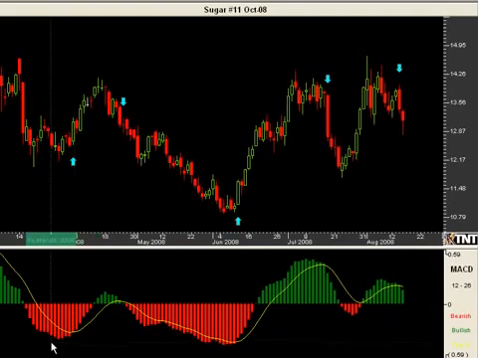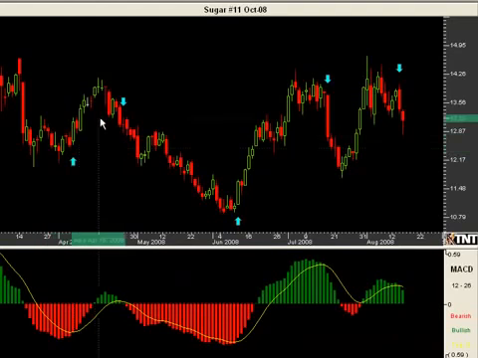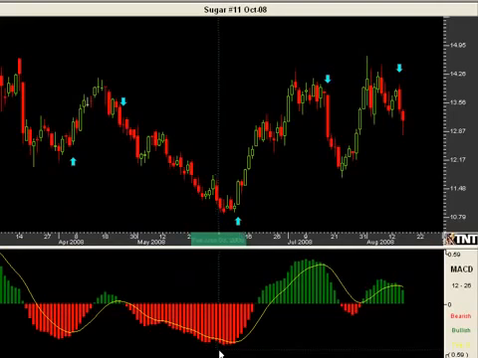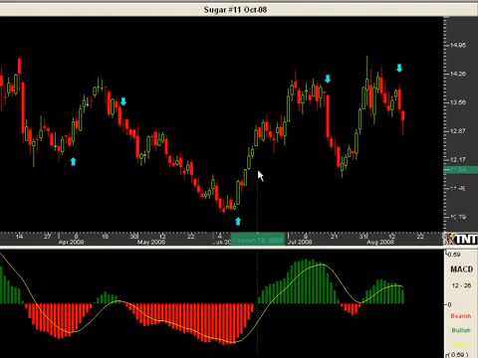Back here, you can see that MACD was already heading higher, and then prices followed suit. Same thing here, MACD started to curve up higher, and then prices a few bars later followed suit. Here, MACD was starting to put in a top, and then whoosh, we got a big move to the downside. And as well here, we started putting in a top, and now prices are starting to follow.